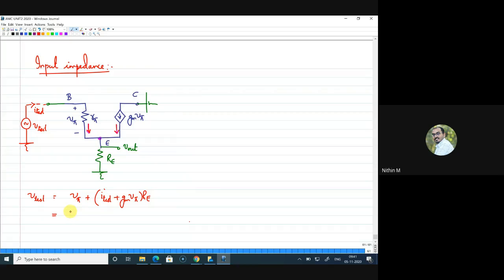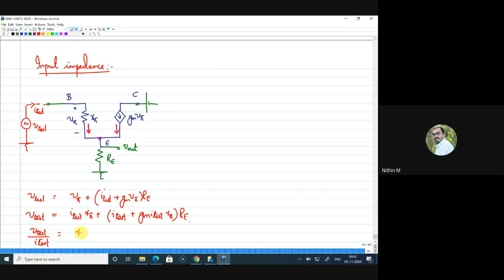So V test can be written as I test into R pi plus I test plus GM into I test into R pi into RE. Now you can see the entire expression is having only V test and I test as the voltage and current variables. So you can write what is V test by I test from this.